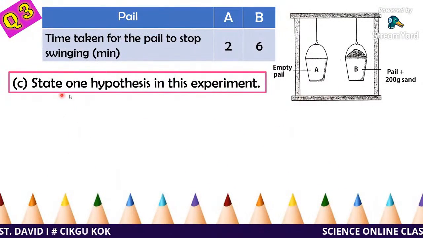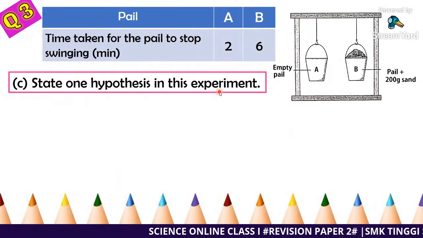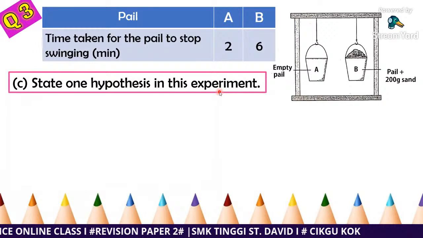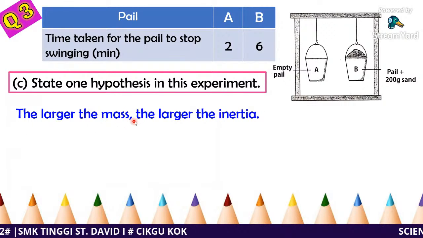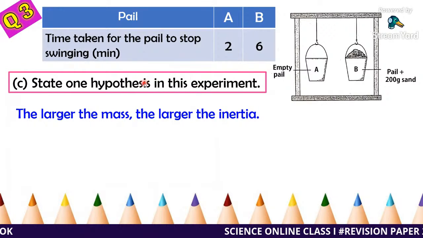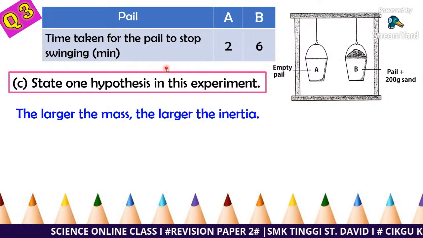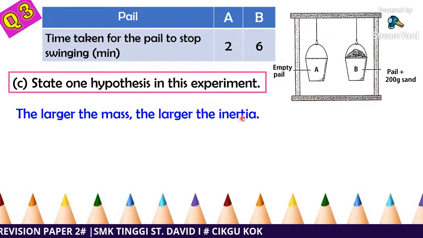Then we state the hypothesis in this experiment. The hypothesis is normally a relationship. So I will show the hypothesis straightforward: the larger the mass, the larger the inertia. So in the hypothesis, we do not bring in the time taken. You need to understand that the time taken for the pail to stop is actually the inertia.